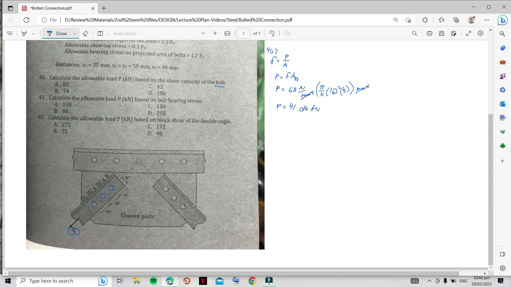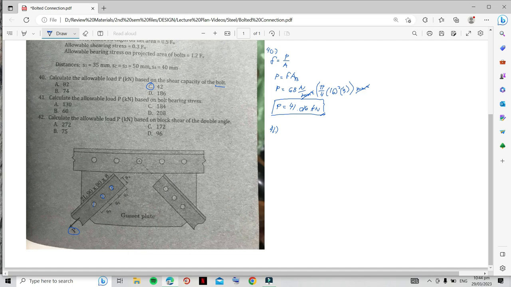This is in kilonewton already, since I divided it by 1000 to convert it. So this is our answer. 41 is close to 42, so letter C is the answer. Basically, what that means is when you apply a 42 kilonewton force here, your 3 bolts will fail and this connection will fail.